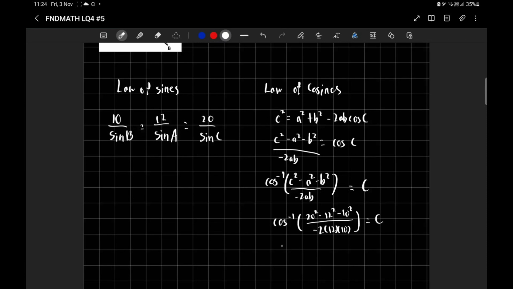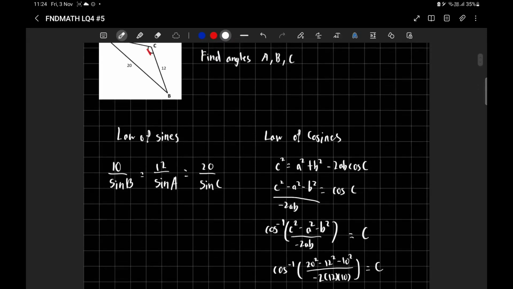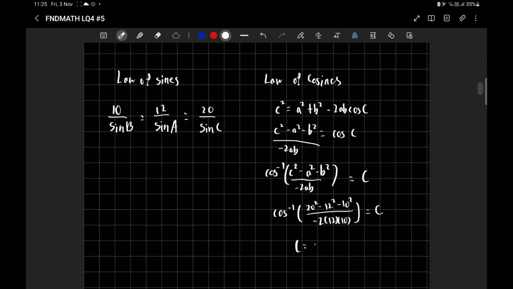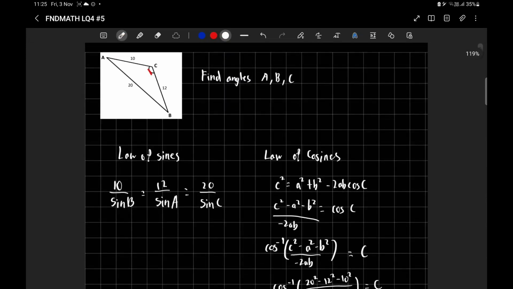Just bear with me for a second, I will input this in my calculator. The angle of C would be 130.54 degrees. So we can write C is equal to 130.54 degrees.